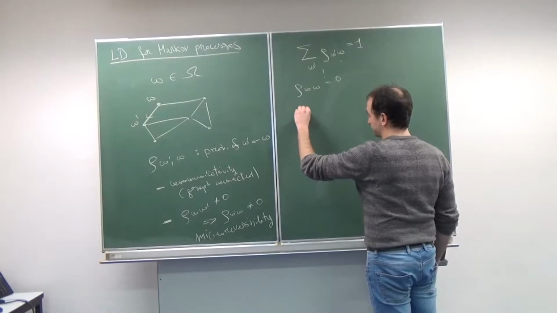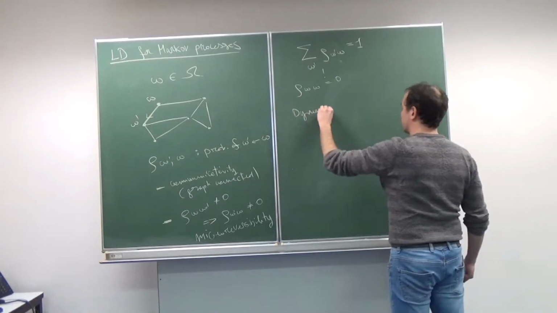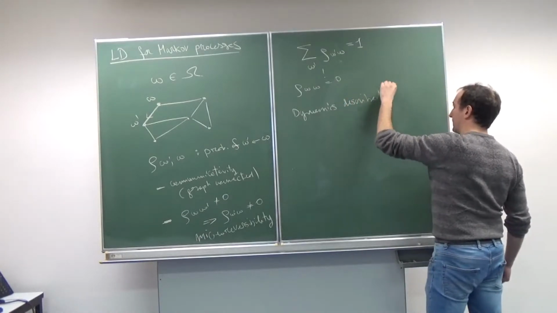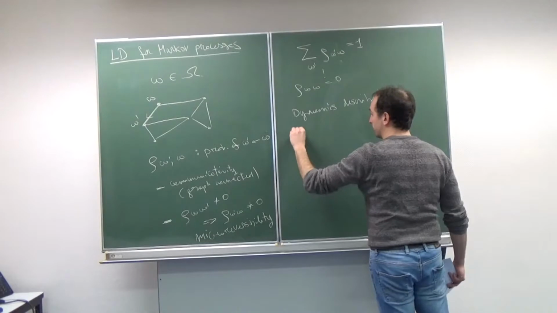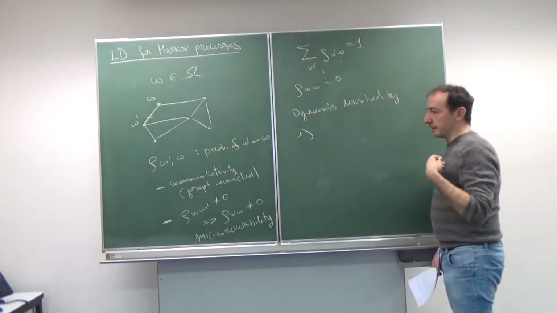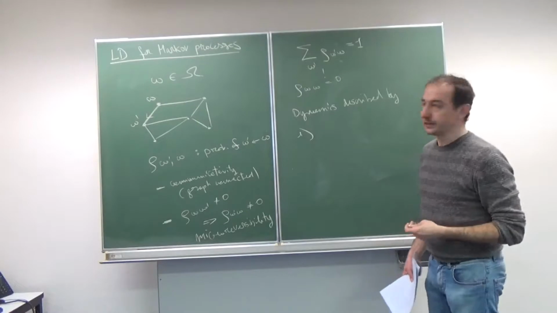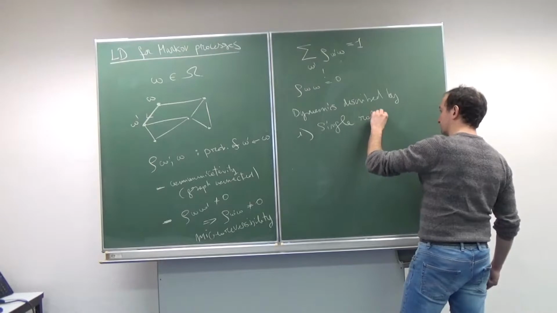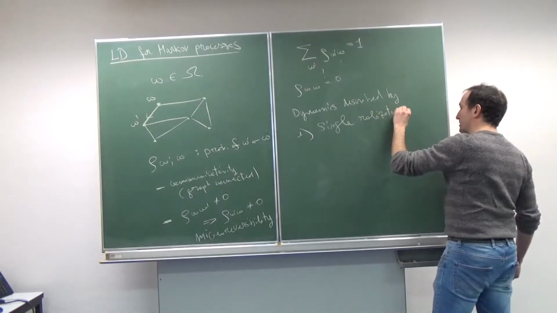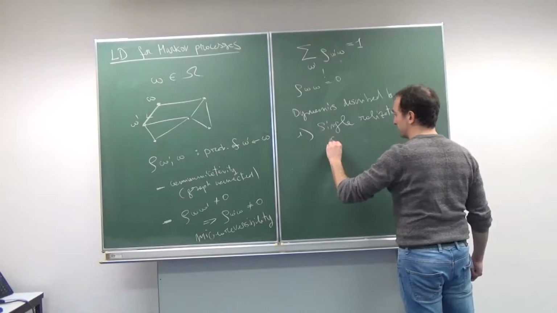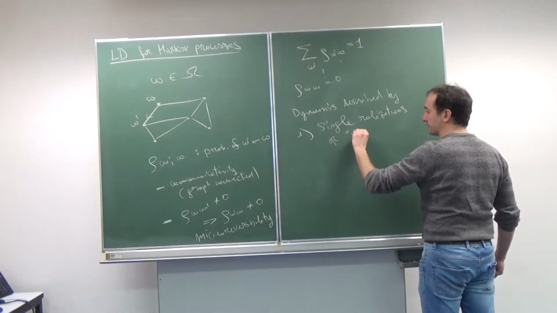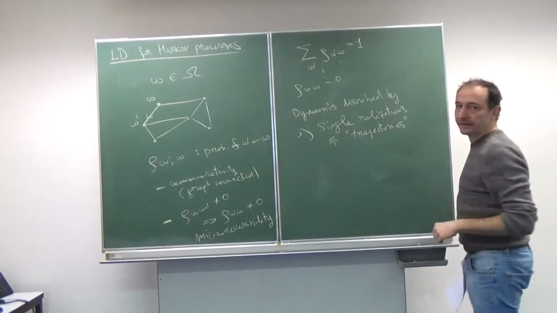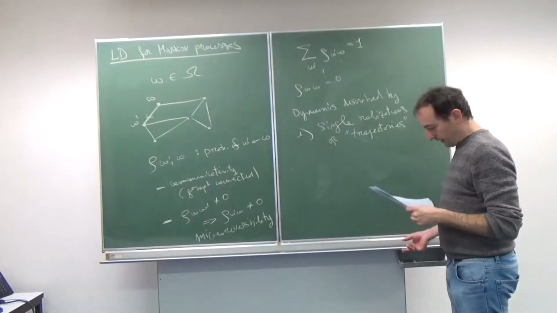One is by single realizations of the process, or we can call them trajectories, or paths, or chains, or whatever.